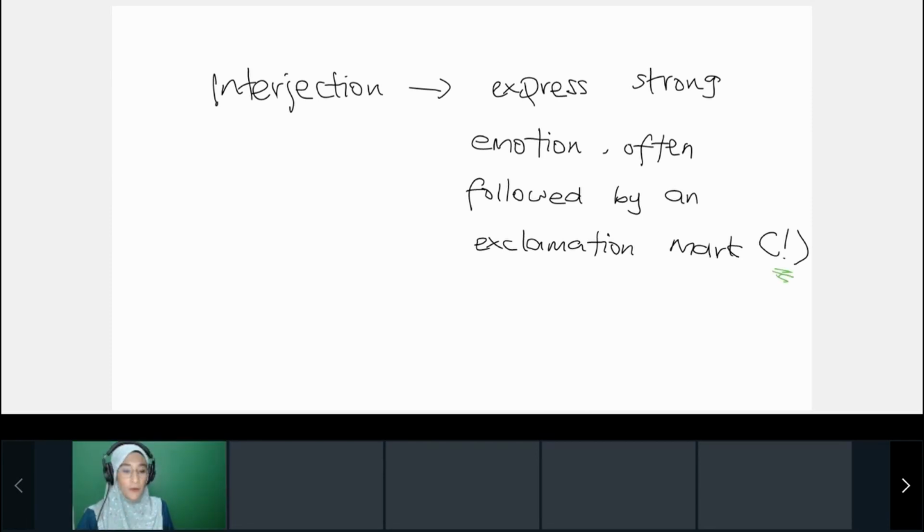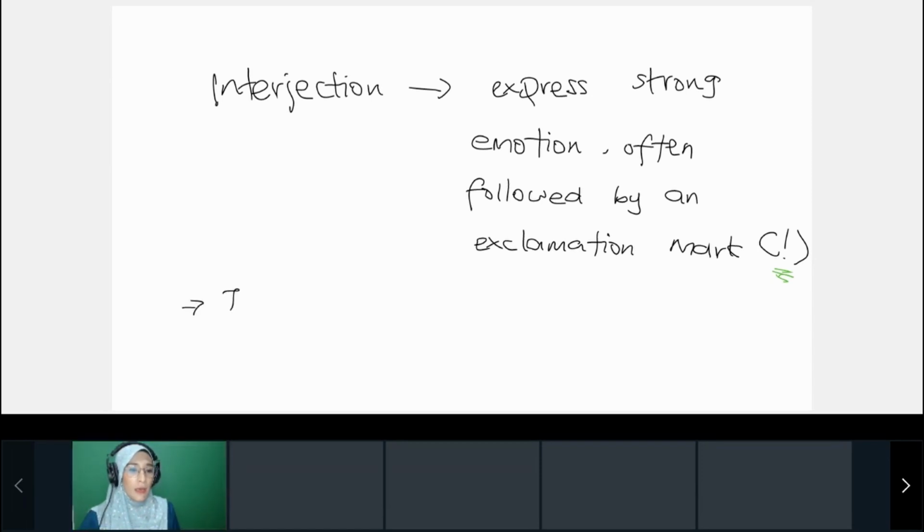So when you have a feeling of excitement, like, for example, you just scored 12 A's in your SPM. Just imagine that excitement, right?